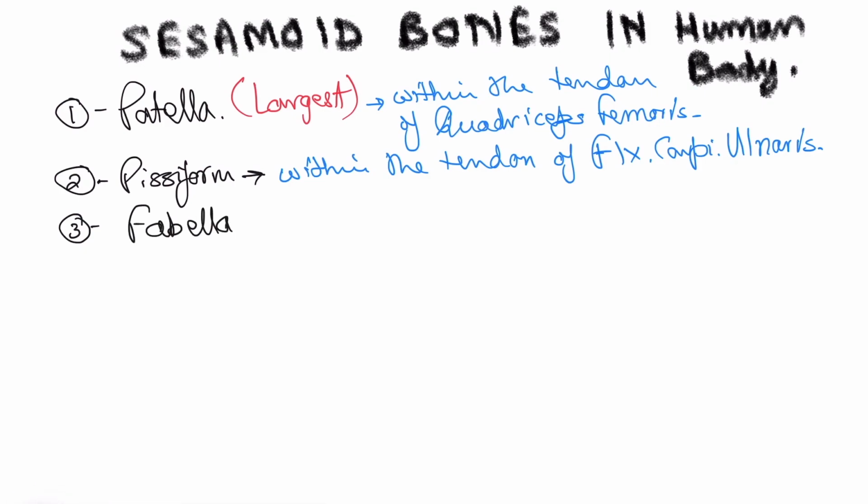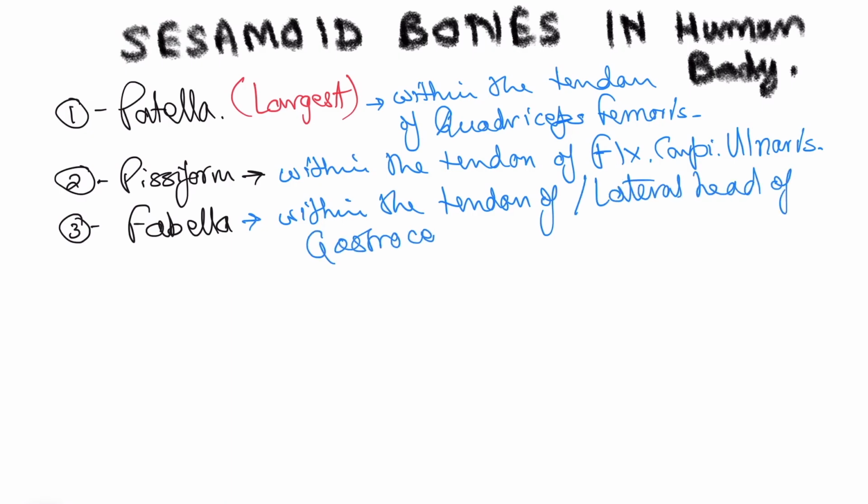Third one is the fabella. Now, where is the fabella found? The fabella is found within the tendon of the lateral head of gastrocnemius. Now, there are a few more sesamoid bones which have not actually been given names. They are unnamed sesamoid bones, but they are important to know.